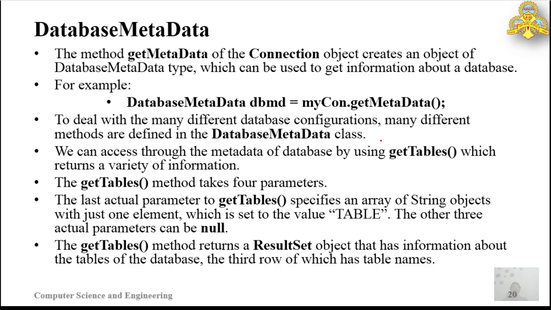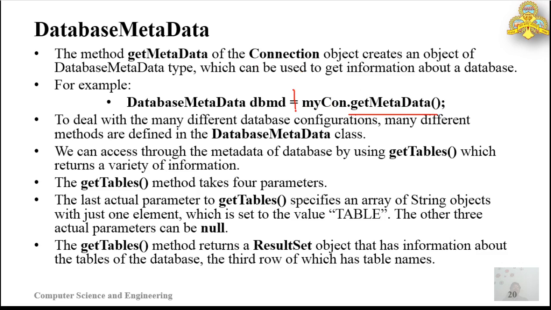We'll go for metadata related to database, and this is provided by an interface, that is DatabaseMetaData. Whenever we make a successful connection with the database source by using a driver manager, then from that connection we can get the metadata by running the method getMetaData.